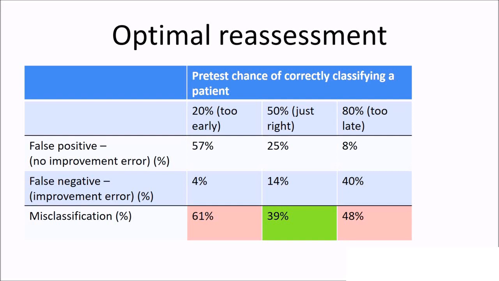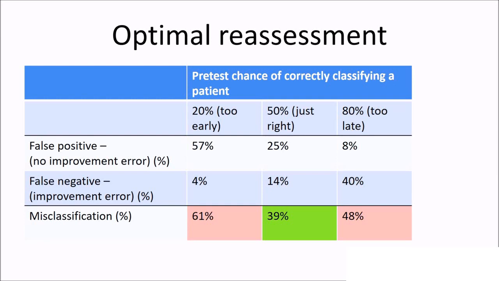Now, if we reassess the patients too late, the amount of false negative actually increases as compared to if we optimally reassess the patient. Looking at this graph, the false negative is at 40% as compared to 14% when we optimally reassess the patient.